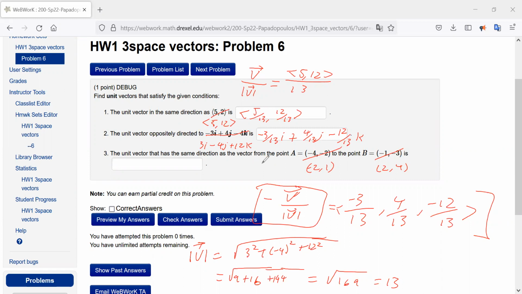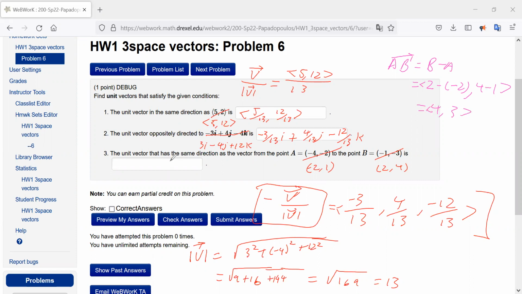Now we want the unit vector that has the same direction as the vector from A to B. That means AB is going to be equal to B minus A. So that's 2 minus -2 in the x component, and then 4 minus 1 in the y component. That is equal to (4, 3).